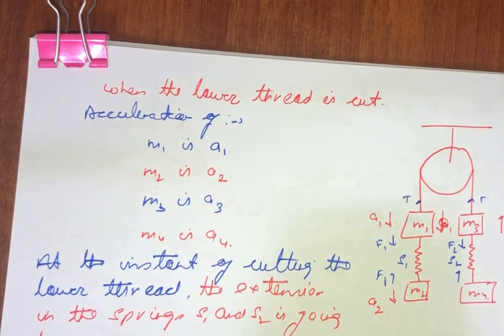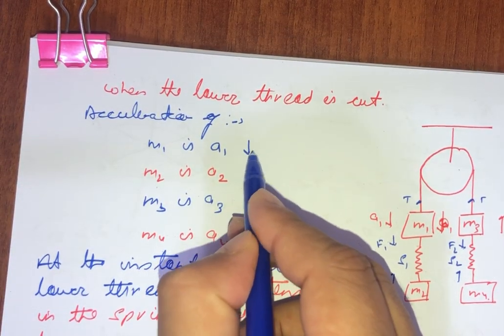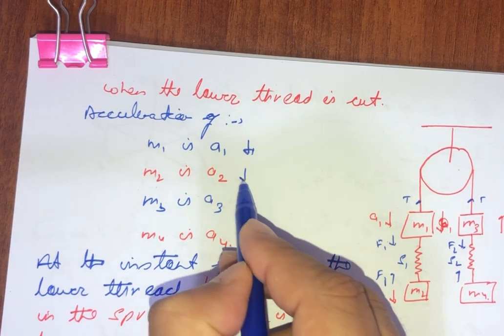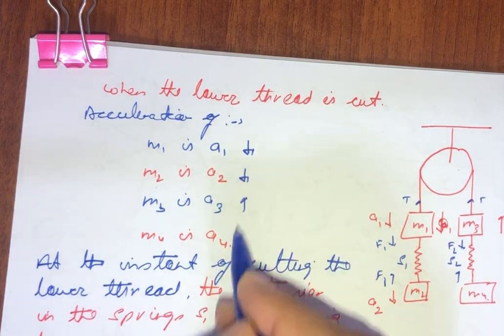So A1 will be in the downward direction, A2 also downward, A3 will be upward, and A4 also upward.